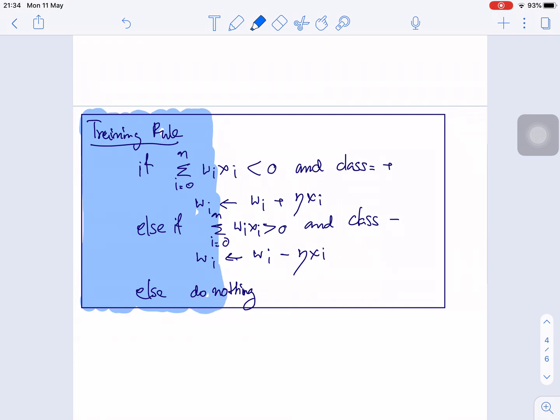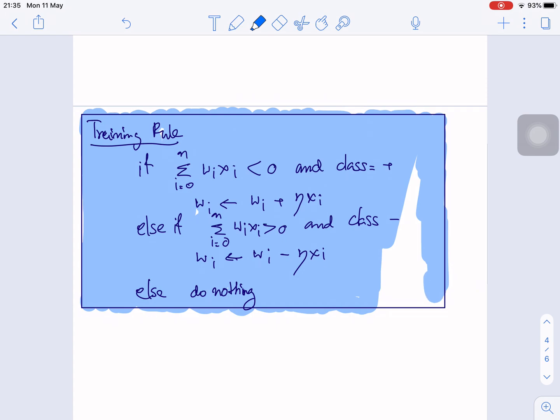If it's less than 0 it will be 0, the not negative class. So I will trace this algorithm in a spreadsheet so you can see the steps and understand it easier. This one is the training rules of the first kind of perceptron.